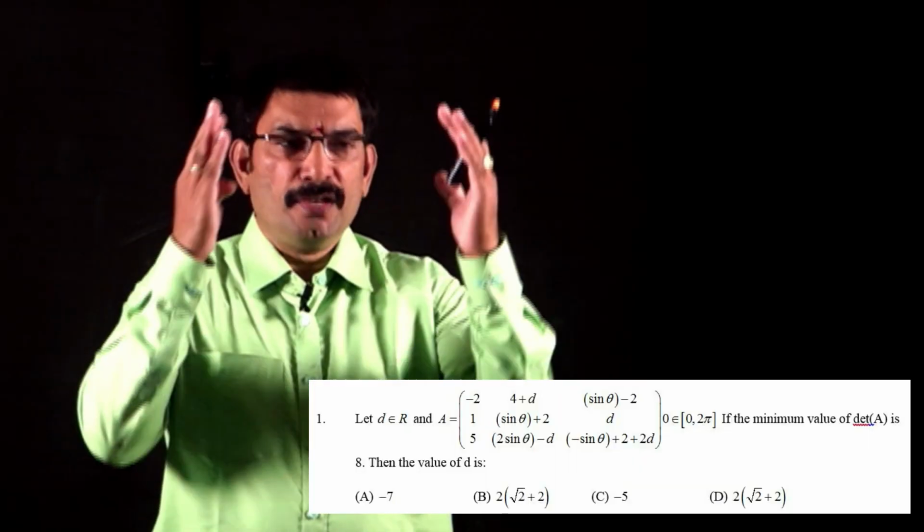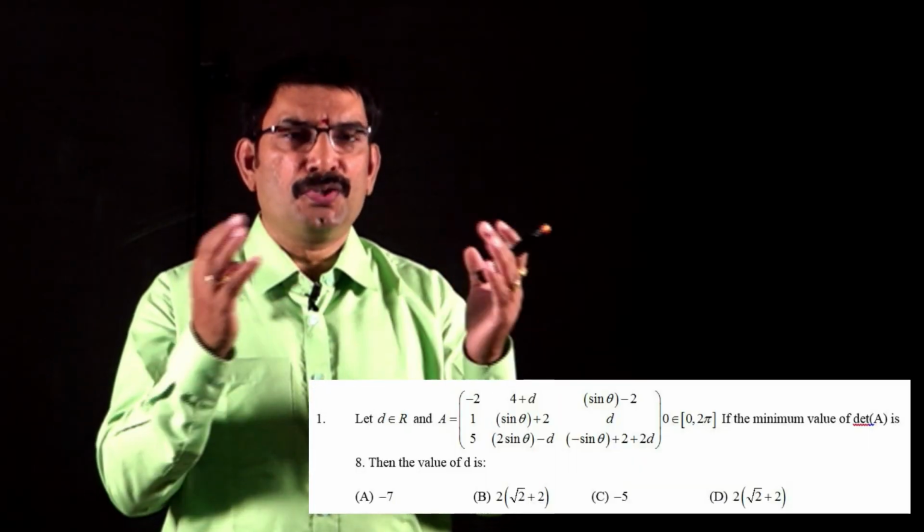Next, the important one, as I said, is the minimum and maximum value of a determinant. This is a multi-layered question once again. This concept has been constructed from determinants and maxima, minima in calculus. Let us take one example.